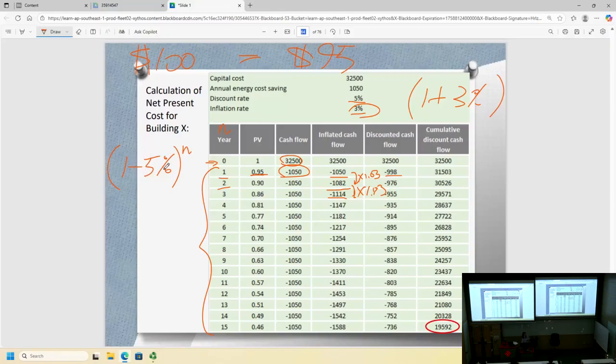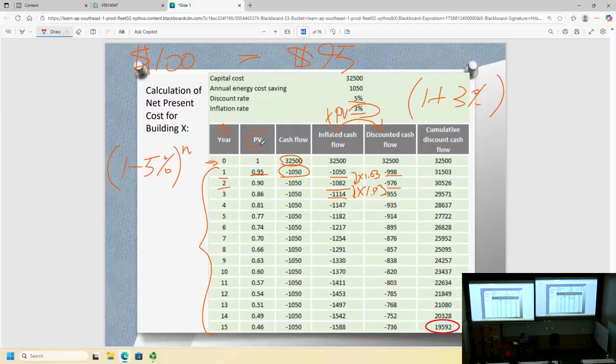So 1 minus 5% to the power 2 will be 0.9. And then it means that saving $1,082 now is the same as saving $976 2 years later.